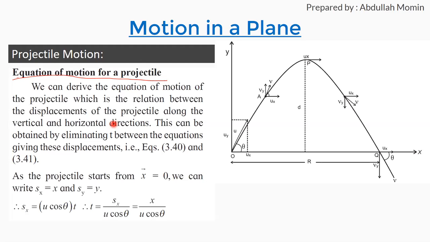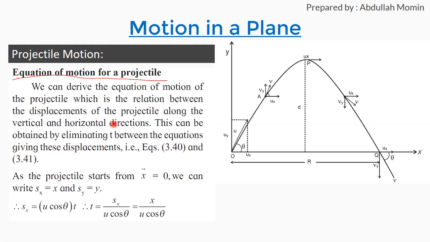And we have the equation of t from the previous slide, that is x upon u cos theta, and the acceleration which is acting is minus g. So instead of s we will put y, and instead of the initial velocity we are going to put u sin theta.